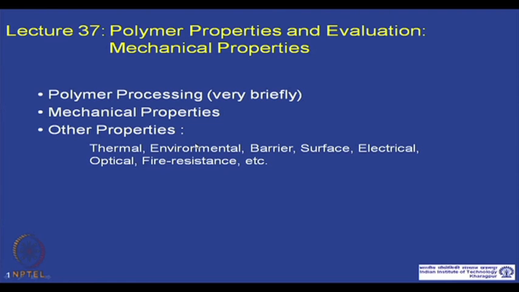Linked means that the polymers are exposed to heat or some environmental conditions, and then the mechanical properties of the polymers are evaluated after exposure. So, mechanical properties are the most important property for a polymer, and I will discuss them in detail, and I will very briefly cover the other properties like thermal, environmental, barrier, surface, electrical, optical, fire resistance, etc.